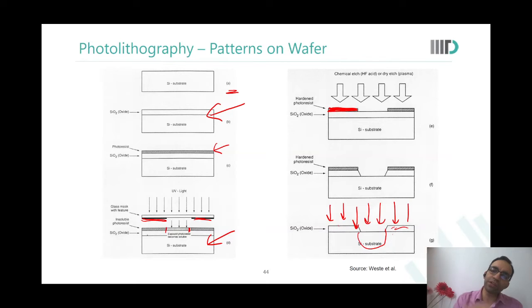Then when you need to make the next layer, all that you need to do is again deposit oxide. So you again deposit oxide, you again put a photoresist, you again expose now a different part, and after you expose that part, then something can be deposited over here in this region.